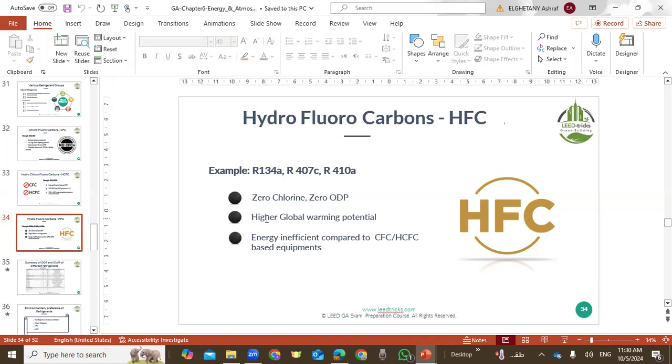After that, it may have higher global warming because it's not efficient like CFC. And it's not a natural refrigerant, by the way. It's energy inefficient compared to CFC and HCFC. Yes, I know, but we use it because it's zero ODP.